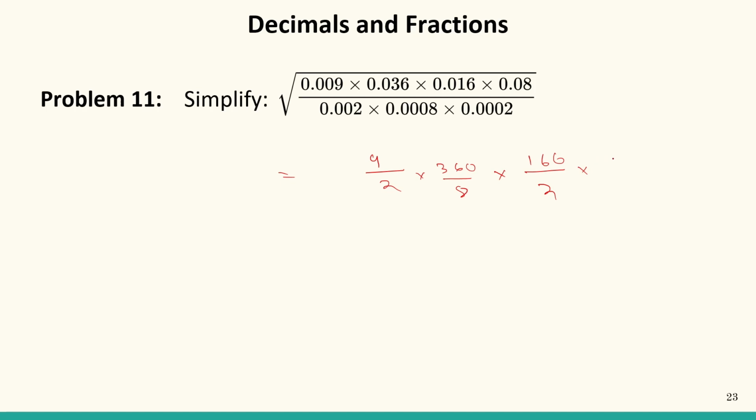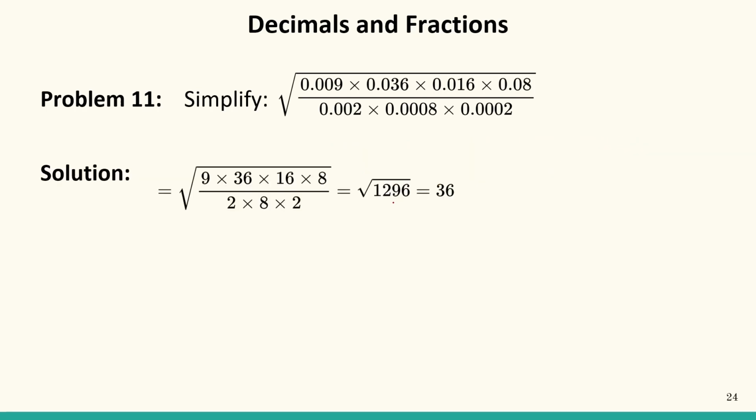Into 0.8, so 8 by 100 whole square. So this is nothing but 1296. So this becomes 9 into 36 into 16 into 8, over 2 into 8 into 2. So this is approximately equal to 32.